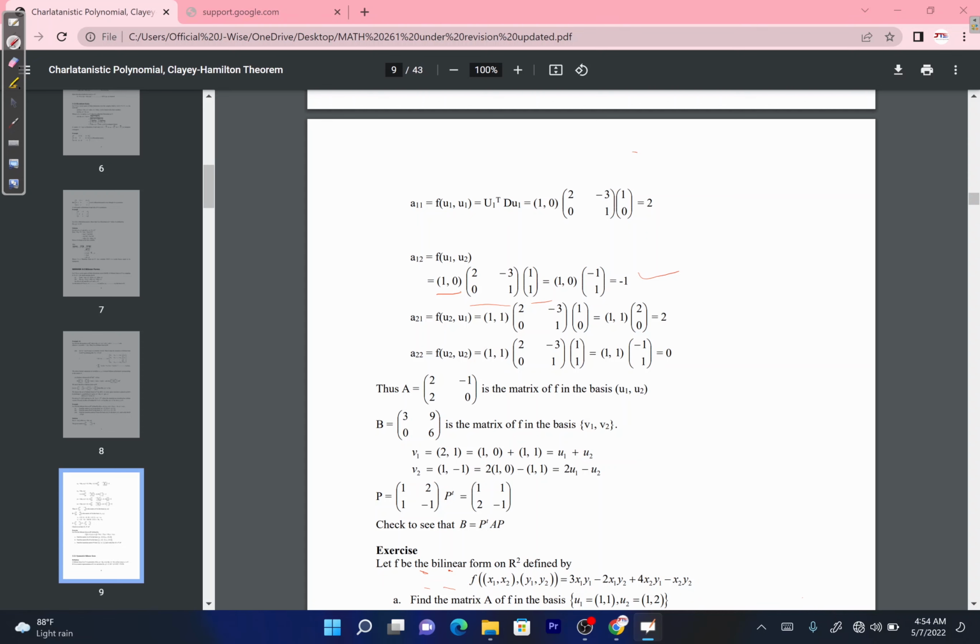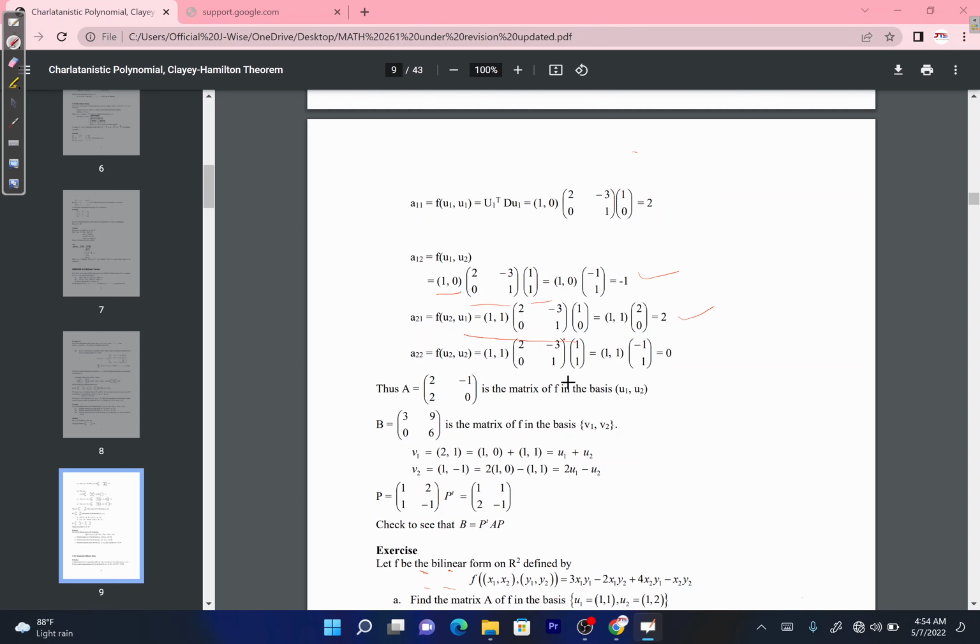A21 is given by u2 transpose D u1. When you simplify this, you get +2.